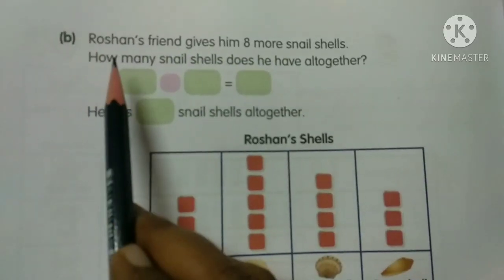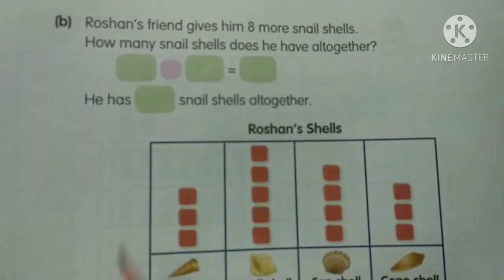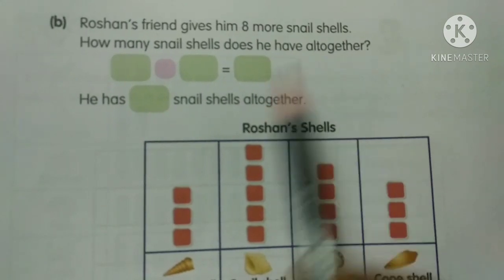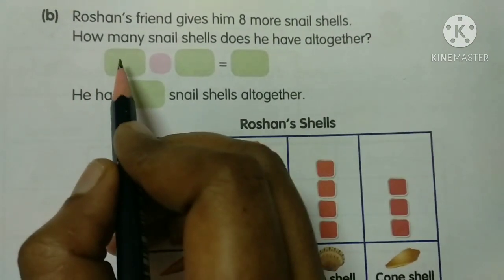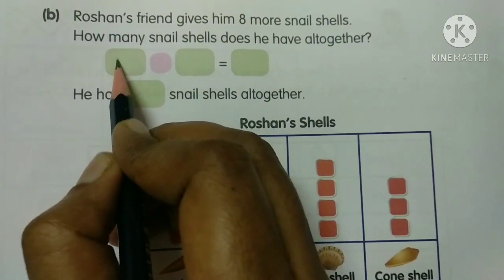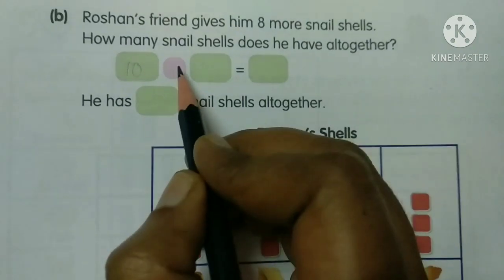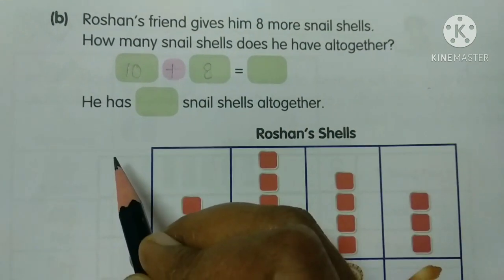The next question, Roshan's friend gives him 8 more snail shells. How many snail shells does he have altogether? Already he has 10 shells. 8 more shells his friend gave.